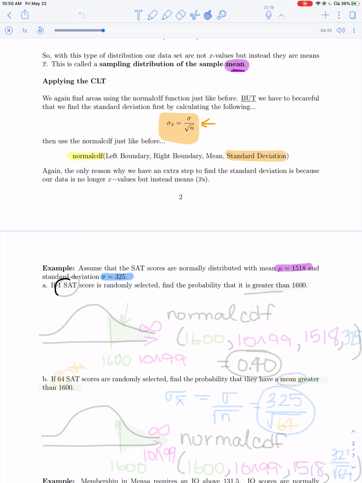We're only talking about one SAT score and whether or not it's greater than 1600. Nothing fancy. So we can draw our normal curve. We can look at our 1600 here, and that's somewhere over on the right.